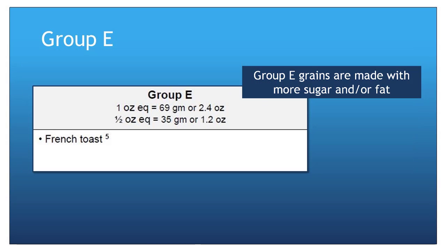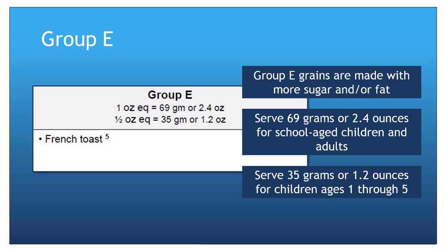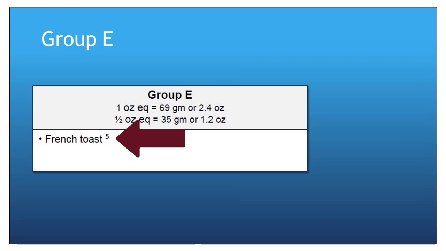Group E has additional sugar and/or fat. The amount needed is 69 grams, or 2.4 ounces for children ages 6 through 18 and adults, and 35 grams or 1.2 ounces for children ages 1 through 5. The only grain in this group, French toast, is identified with footnote 5.